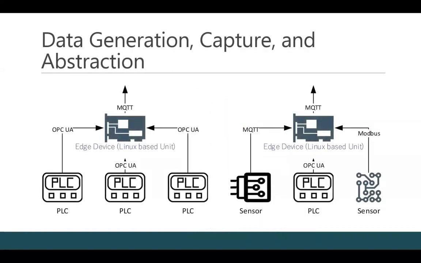Starting at the lowest level, the data generation, capture, and abstraction phase, data is generated by various control systems and/or sensors. So this level represents equipment or devices on your shop floor. The raw data from these devices is collected via edge devices.